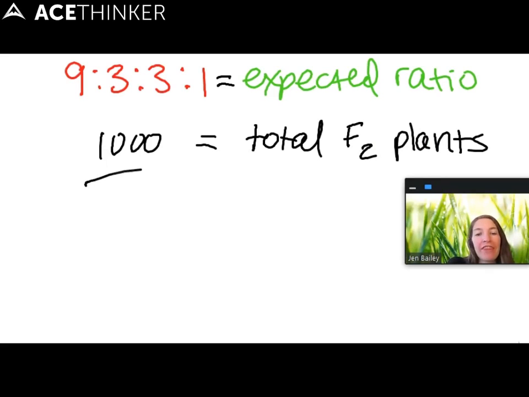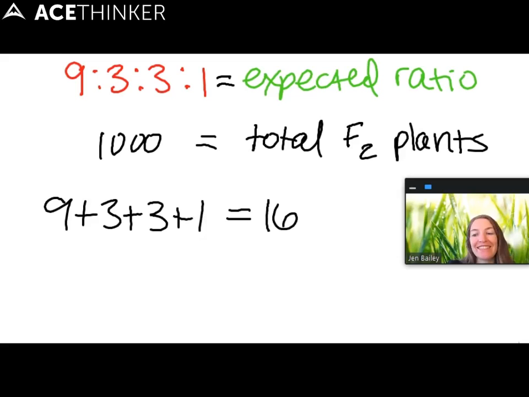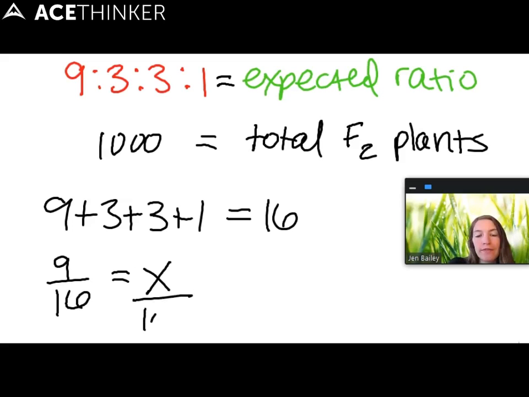We also know that we have 1,000 total F2 plants. Something else we know is that 9 plus 3 plus 3 plus 1 equals 16. 9 over 16 would give our percentage. To find this percentage out of 1,000, you just set it equal to x over 1,000.